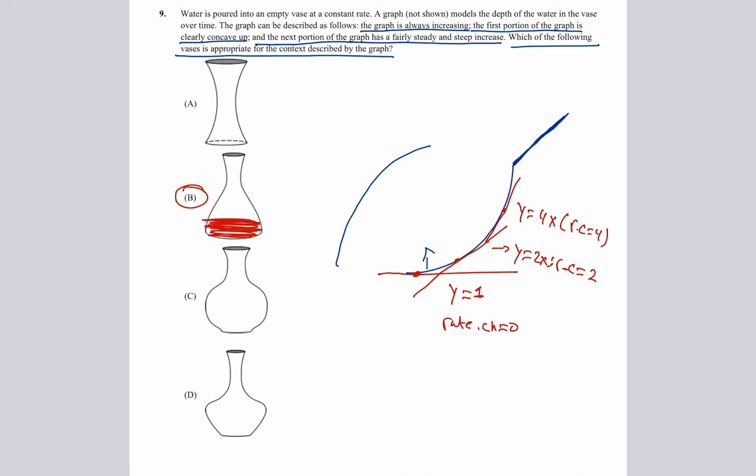Then it slowly starts to catch up, where it speeds up, and then this last portion is basically steady and constant. Now, why isn't it option A? Because we only have 2 portions going on, as you can tell, this portion and this portion. However, with option A, we have 3 cases, 1, 2, and 3. And that is definitely not the case, so option A is incorrect.